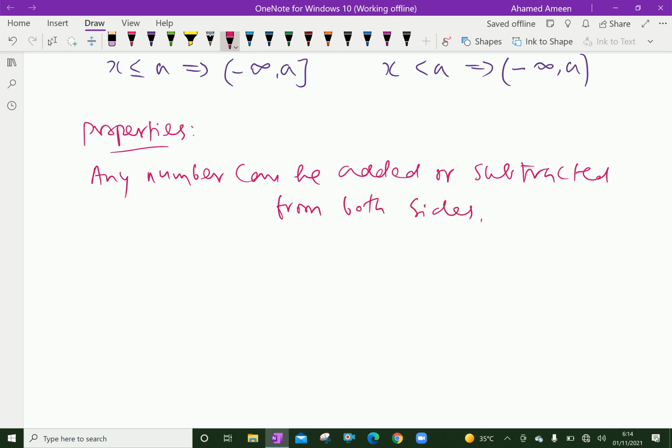Next one, terms can be shifted from one side to the other.